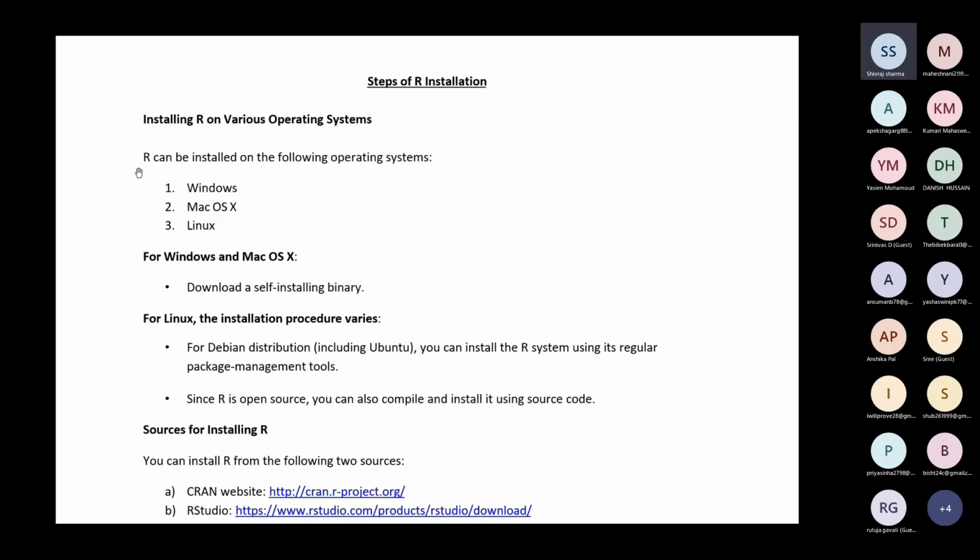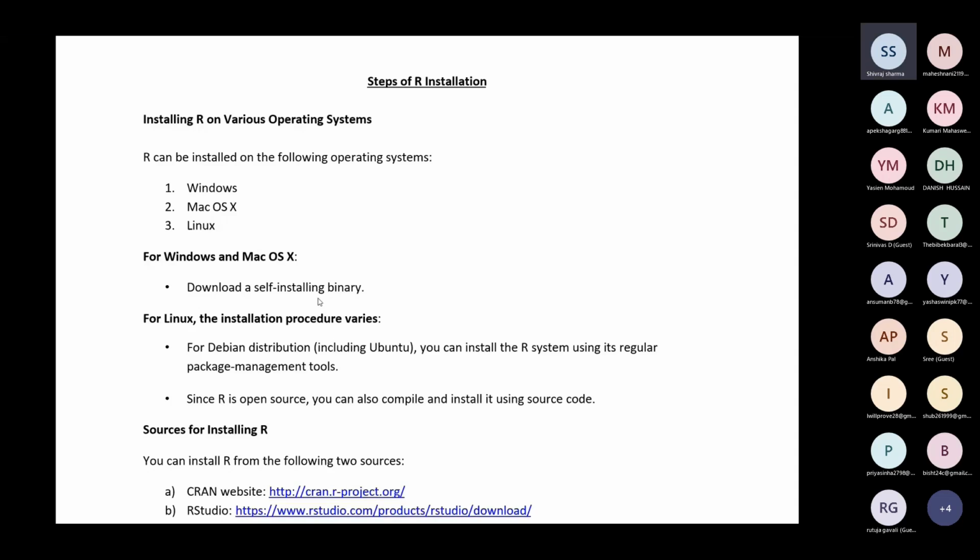R can be installed on any operating system because it has different versions for Windows, Mac, and Linux. For Windows and Mac, it has its self installation binary.